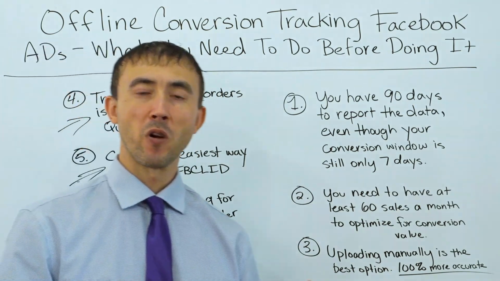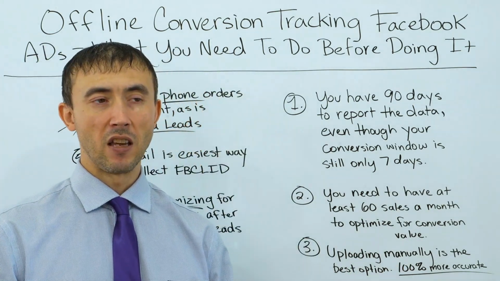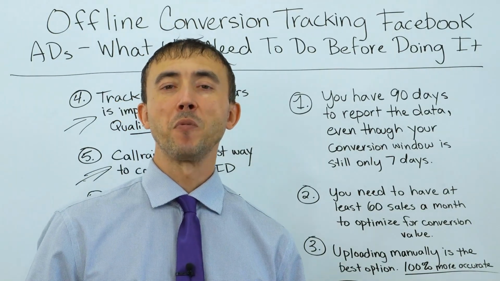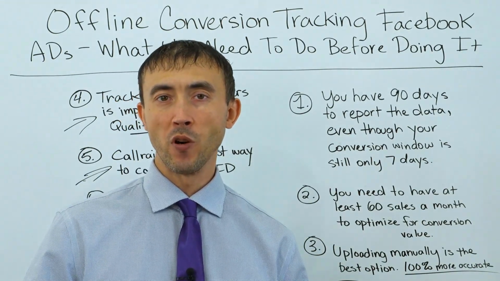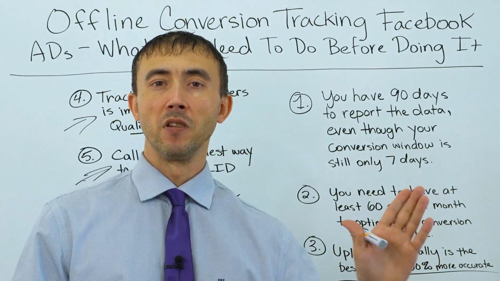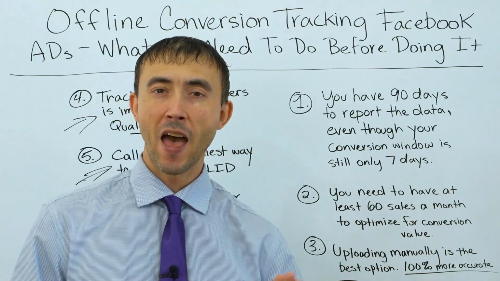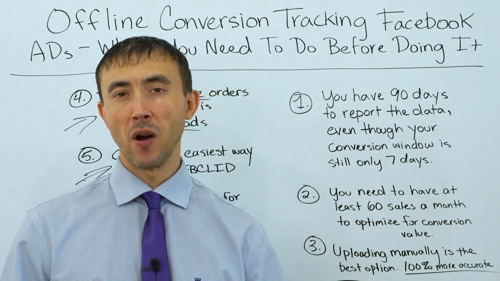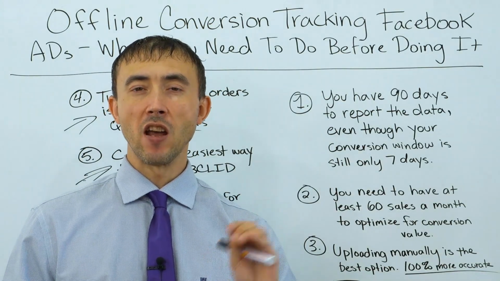If you only have 3 or 4 conversions, it's not going to do anything ultimately, and actually will probably set you backwards. Going from optimizing for 3 or 4 offline sales that you're tracking versus hundreds of leads that you've tracked before. And for that matter, you should obviously, because you have to, set up a brand new campaign and then optimize for the sales.